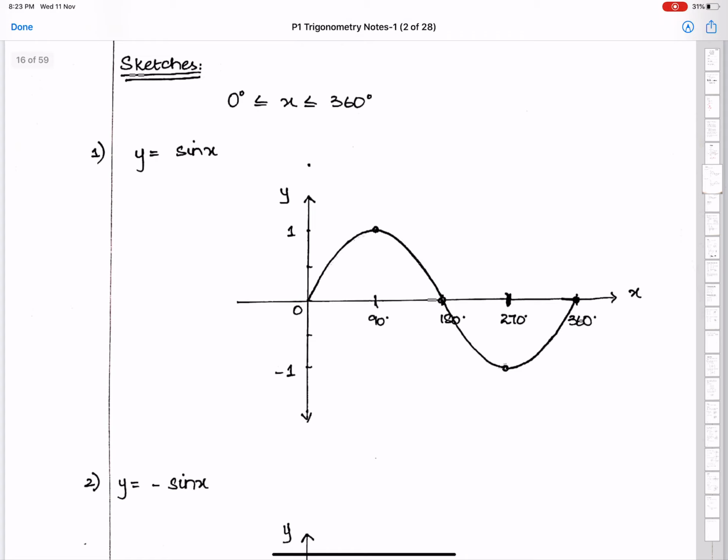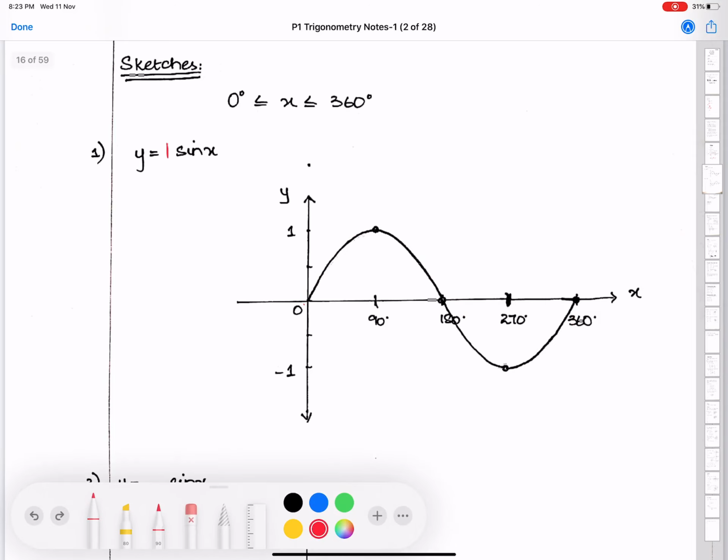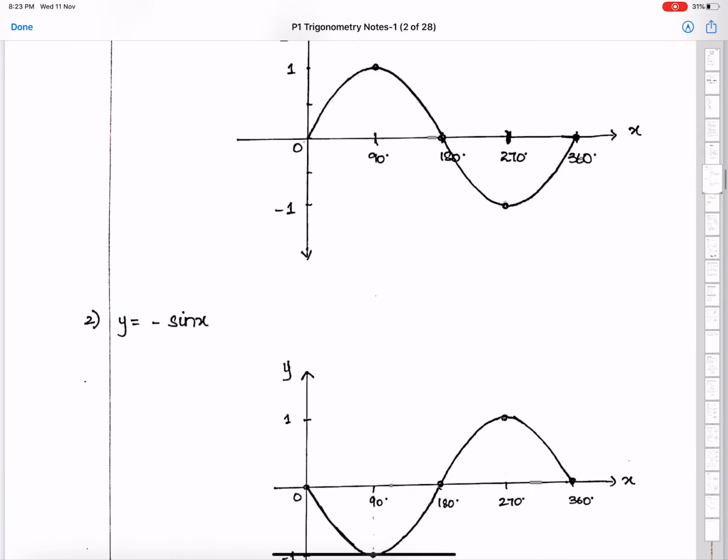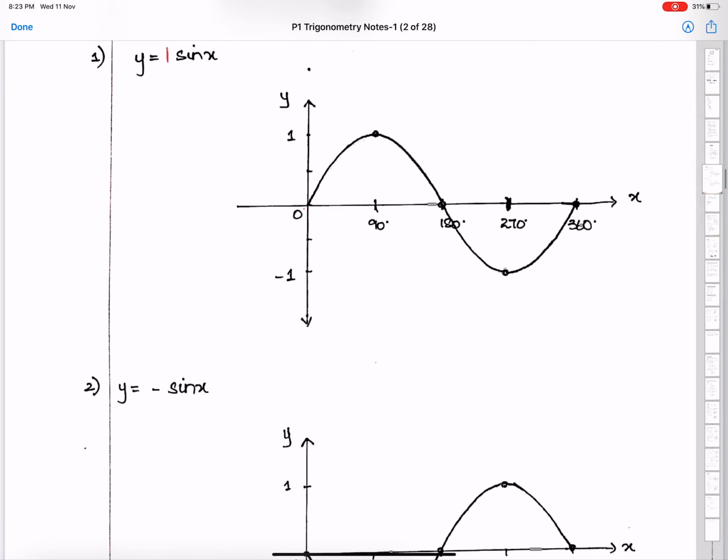Well, this is the positive sine x. The coefficient is plus 1. When the coefficient is positive, then the curve is normal, like this is the normal curve. And when the coefficient is negative, see, the coefficient was positive in the first curve and negative in the second curve.